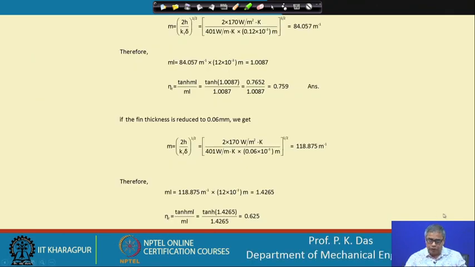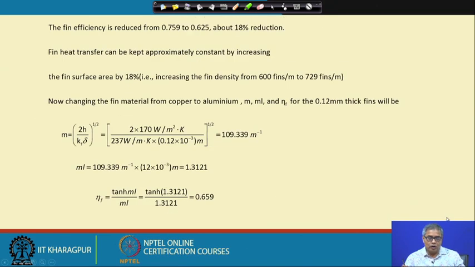We got that there is an 18% reduction in heat duty if we move from 0.12 millimeter to 0.06 millimeter thickness.